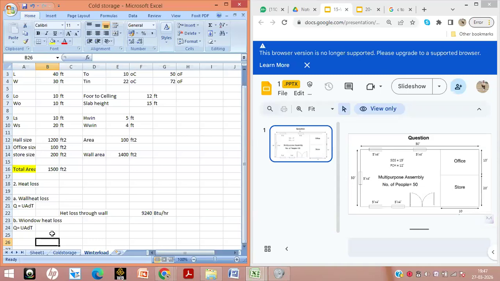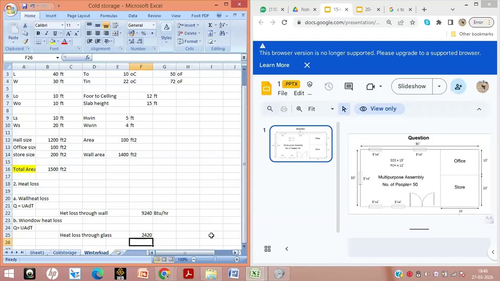For glass, let's consider the overall heat transfer coefficient as 1.1. So heat loss through glass will be 1.1 times A, this area, times delta T. So delta T is nothing but this 72 minus 50.